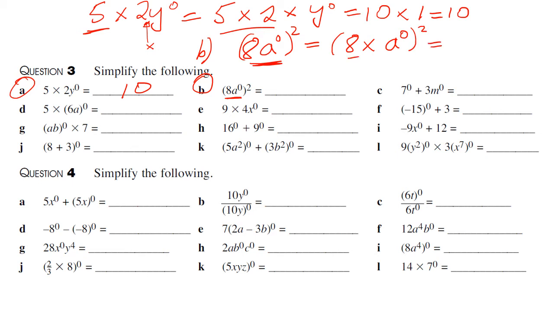So 8 stays the same. What does a to the power of 0 equal? That equals 1. So 8 times 1 is just 8, but we still have to raise it to the power of 2. So 8 squared is just 8 times 8, so your answer is 64.